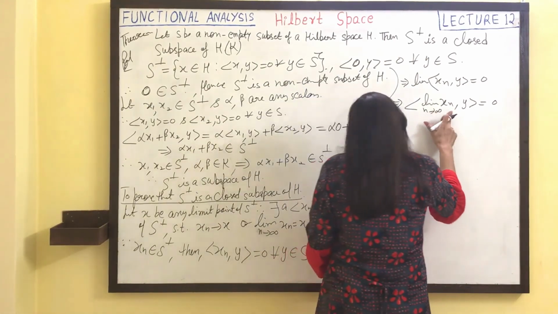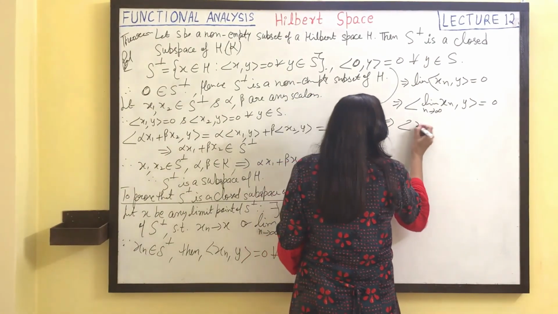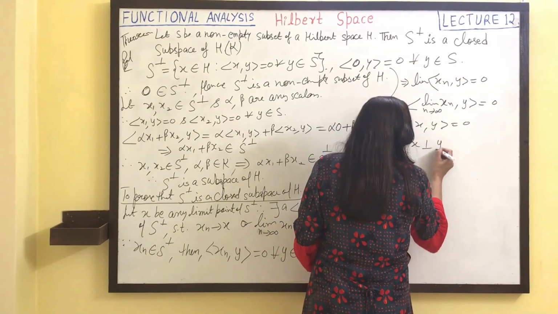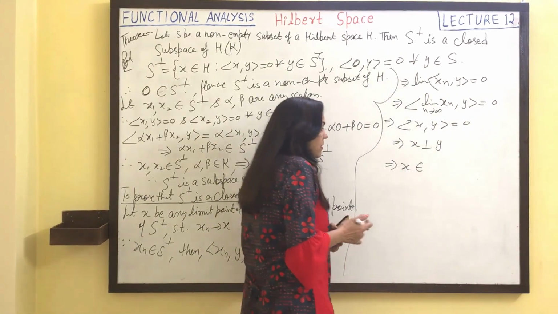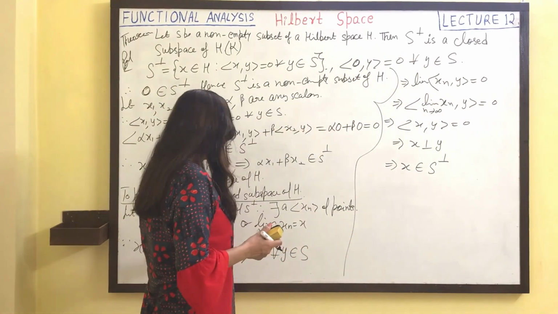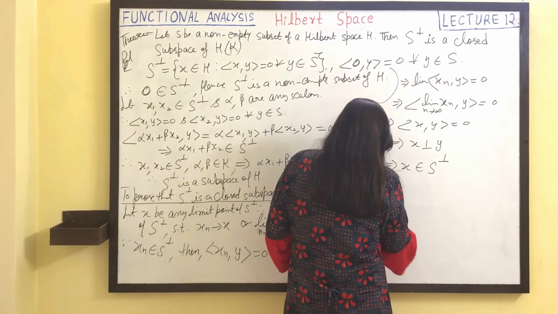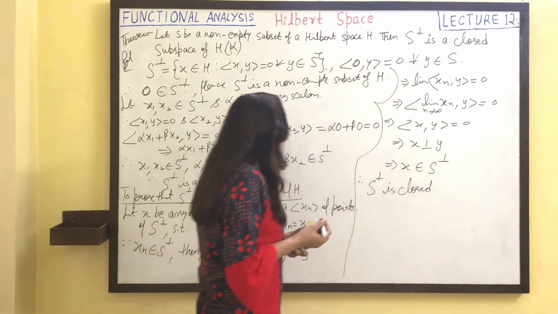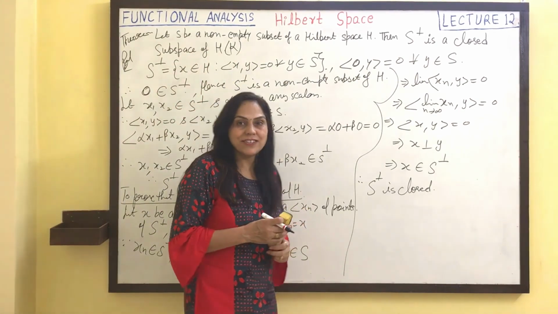And the limit of xn can be replaced by x, so it is the inner product of x comma y is equal to 0. This implies x is perpendicular to y, and again this implies x belongs to S perpendicular. So the limit point is in S perpendicular, therefore S perpendicular is closed, and hence we have proved that S perpendicular is a closed subspace of H.